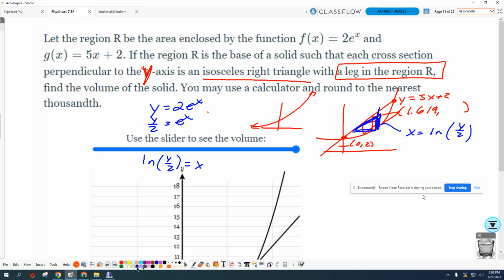Okay, the other curve, that one's not so hard. y minus 2 over 5. So the length, the right minus the left, the length of that shape, the right side minus the left.